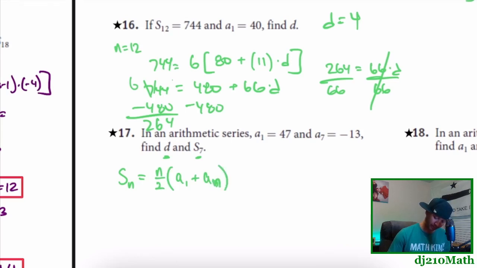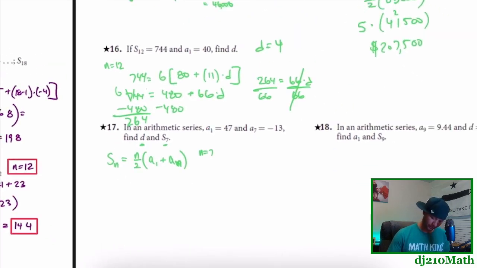And in this case, we'll let n equal 7. So S sub 7 is going to equal 7 divided by 2, times 47 plus negative 13, technically minus 13.